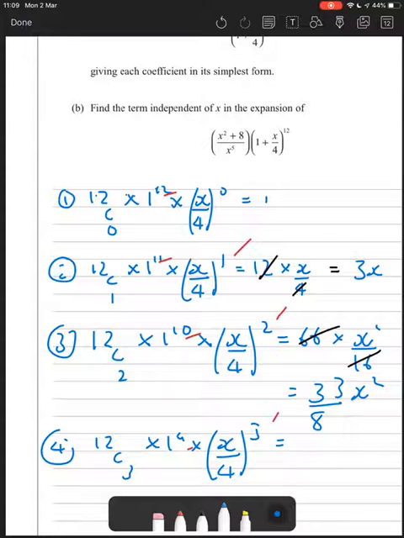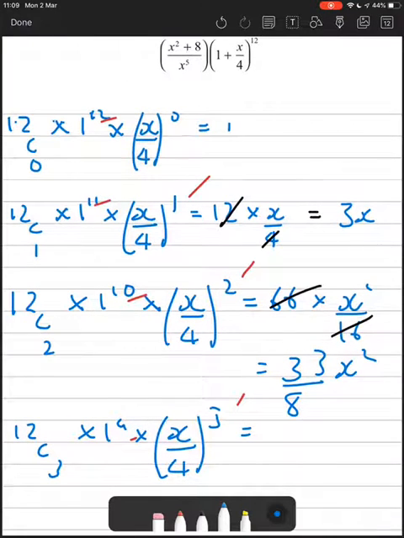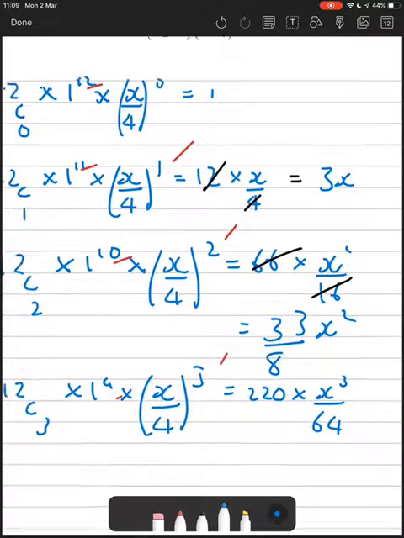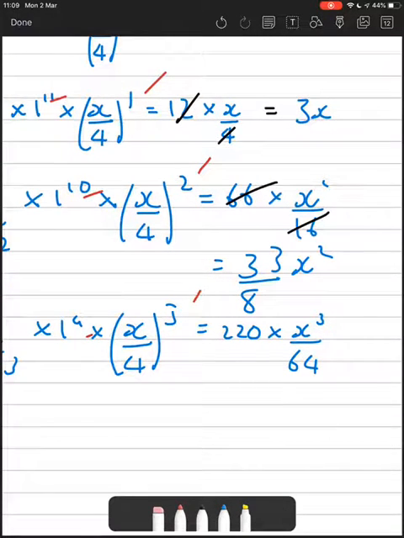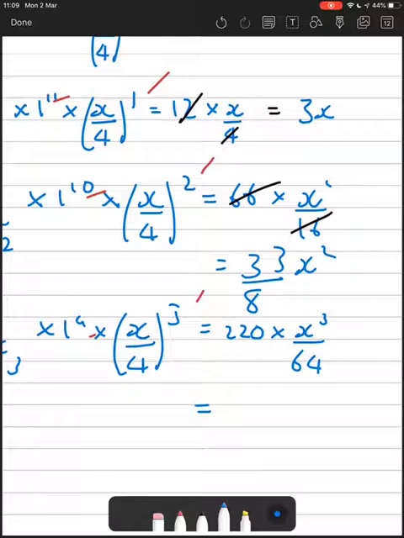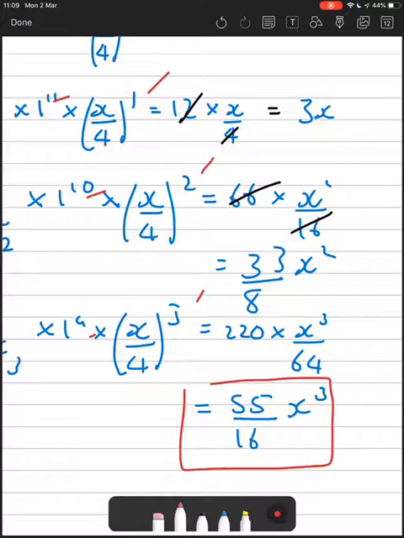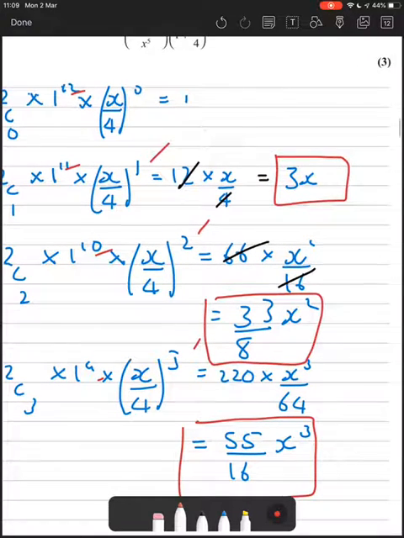So let's have a look at that. 12 choose 3 is actually going to give you a coefficient of 220, and we're multiplying this time by x cubed over, and 4 cubed is 64. So we can take 4 out of all of these, and that would cancel down quite nicely to give us 55, and we divide 64 by 4 to get 16, so 55 over 16 x cubed. So each of our terms, there's 1 here, there's 1 here, and 1 here, and then obviously the 1.